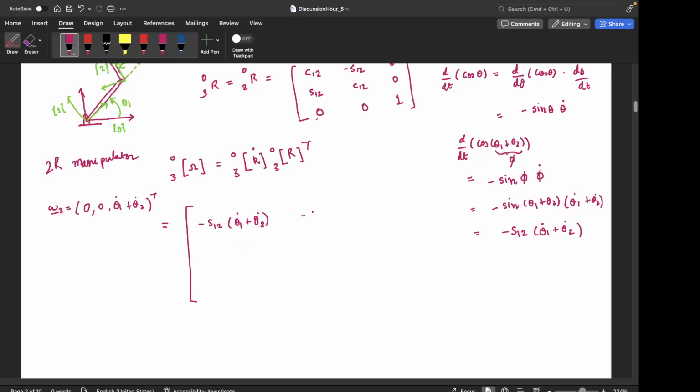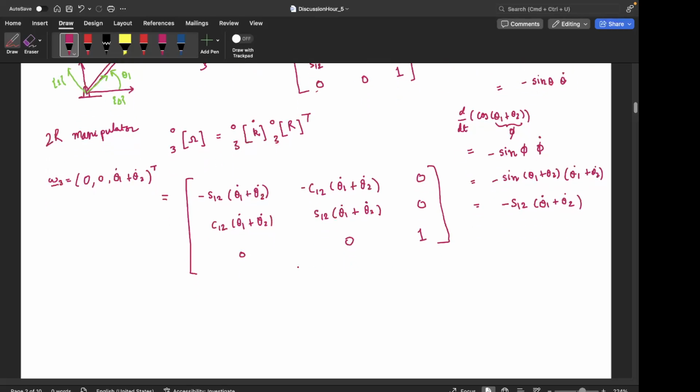This will be minus c12 times theta 1 dot plus theta 2 dot, this is 0, this is again c12 times theta 1 dot plus theta 2 dot, and this is minus s12 times theta 1 dot plus theta 2 dot, this is 0, and 0 0 1.